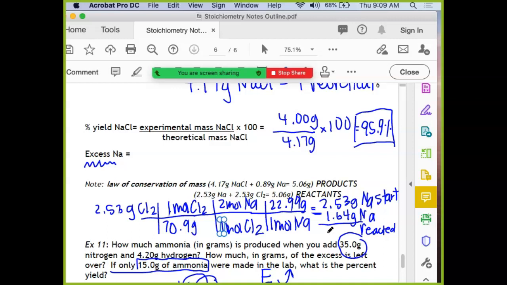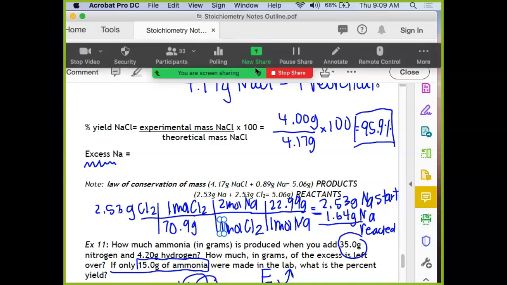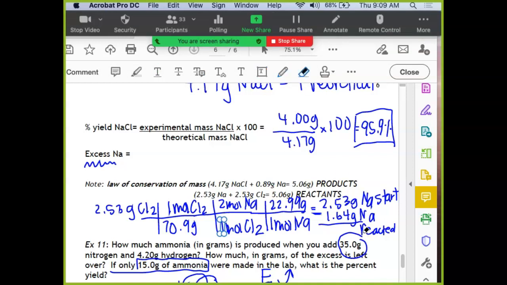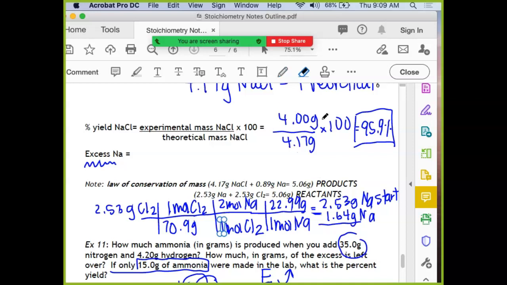So it looks like, hold on, let me move this so there's no confusion. So 0.89 grams left over, also known as excess.